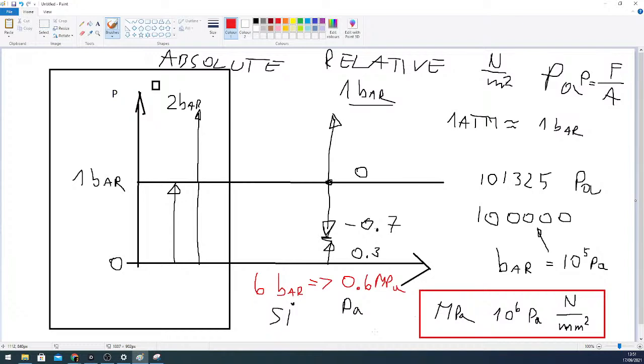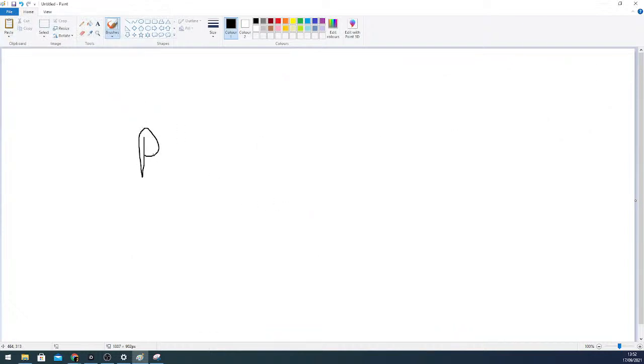So, for example, previously I said that the value of pressure is force over the area. I'll have a new sheet now. So the pressure equals force over the area. Usually in choosing the cylinders, we are usually interested in the force of the cylinders.